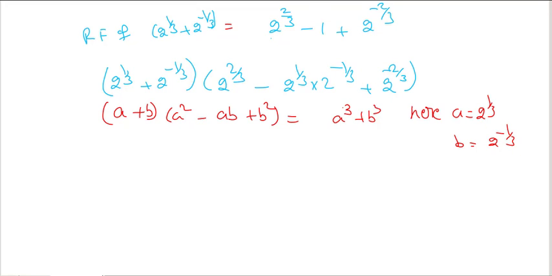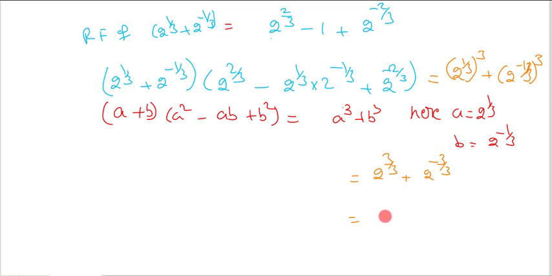So this we can write as 2 to the power of 1 by 3 the whole cube plus 2 to the power of minus 1 by 3 the whole cube. That means 2 to the power of 3 by 3 plus 2 to the power of minus 3 by 3.